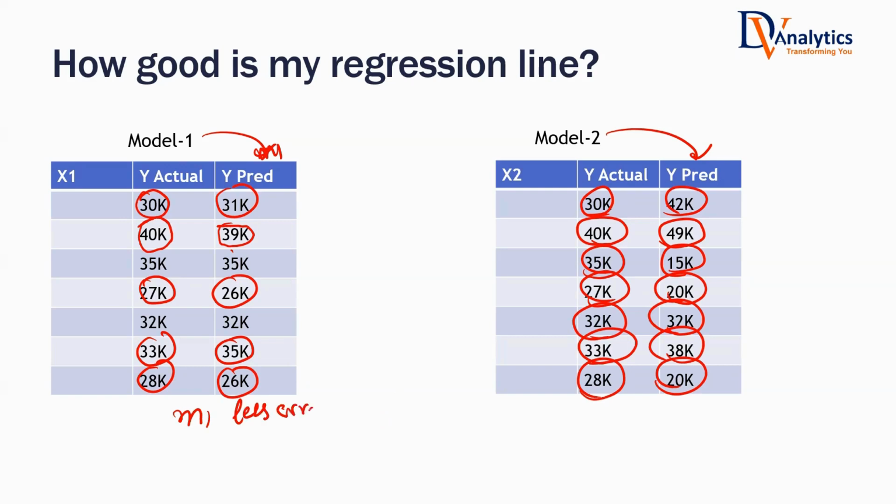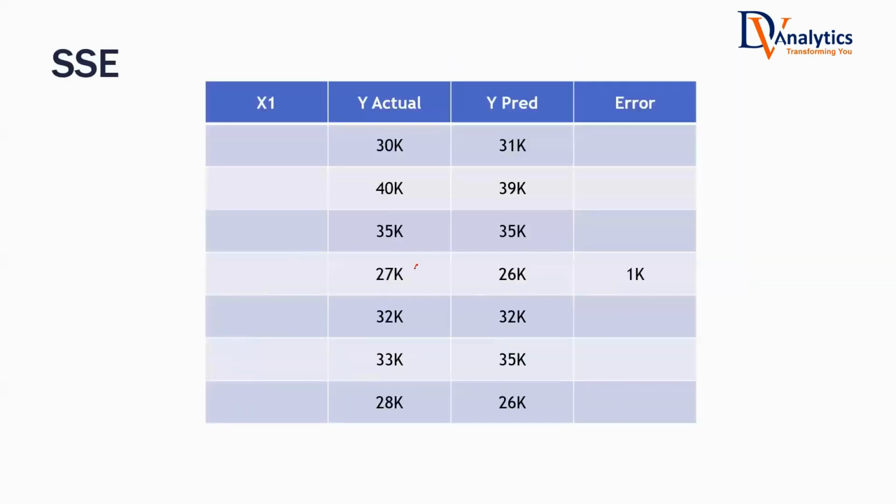So if I ask you to pick one out of these two, which one is your first preference? The one that has a lesser error. Because if the actual value is 27,000 and the predicted value is 26,000, the error is 1,000. If the actual value is 30,000 and the predicted value is 31,000, the error is minus 1,000. So sometimes the error is positive, sometimes negative.